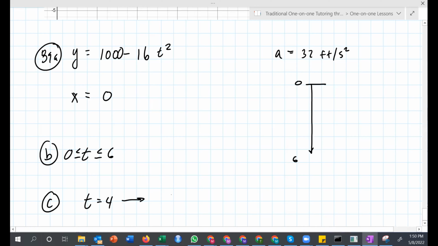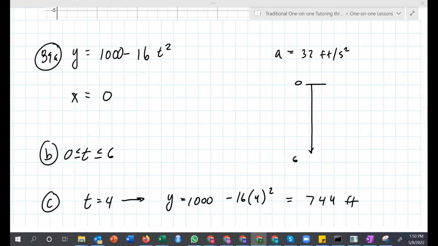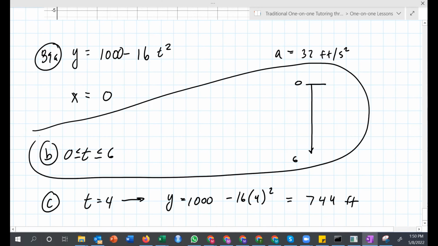So when t equals 4, y is 1,000 minus 16 times 4 squared. 16 times 16 is 256. It's approximately 744 feet above the ground when the parachute drops out. So this is the part B graph here.